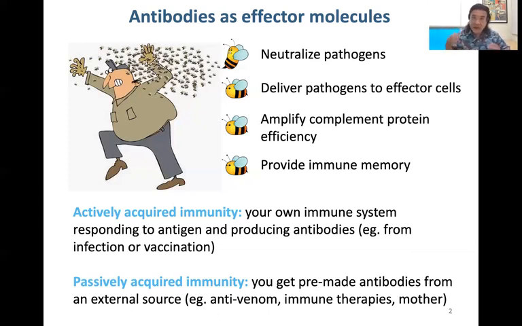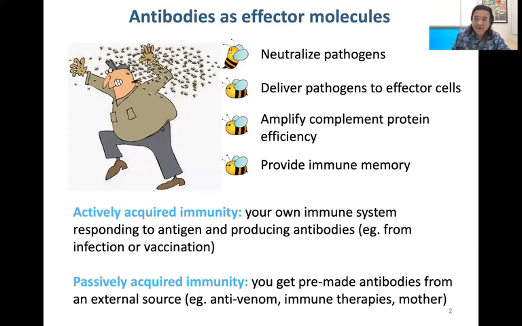A lot of times if you get bit by a snake and you're poisoned, or bit by some nasty kind of poisonous insect, and your body is having a response to some sort of toxin, the antivenom that's given to you at the clinic is actually an infusion of antibodies that have been designed and manufactured already to target the venom. And we will look at that in today's slide.